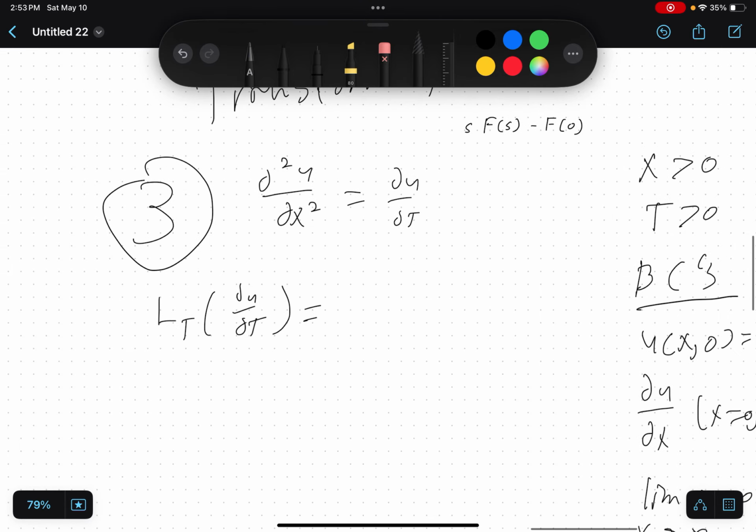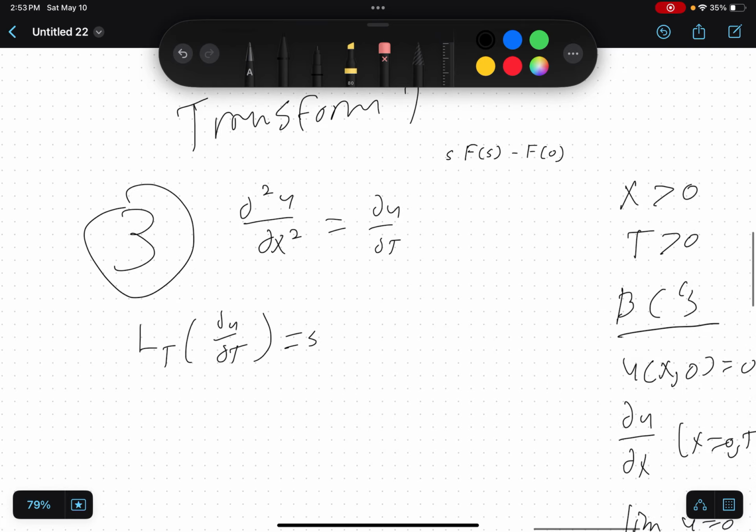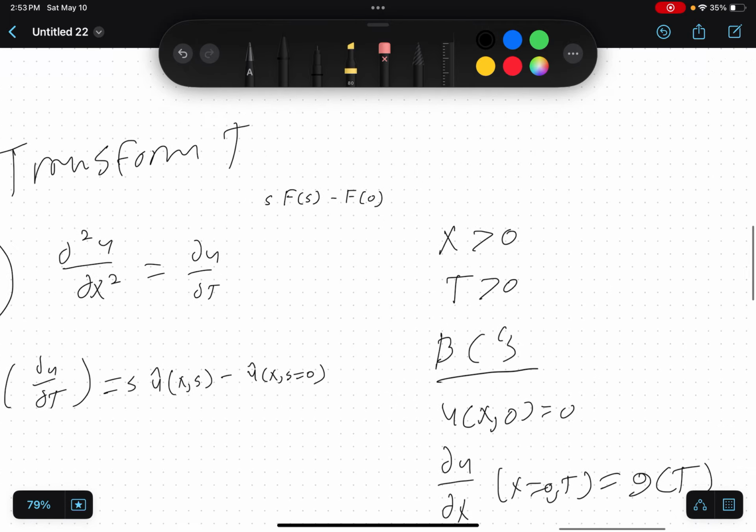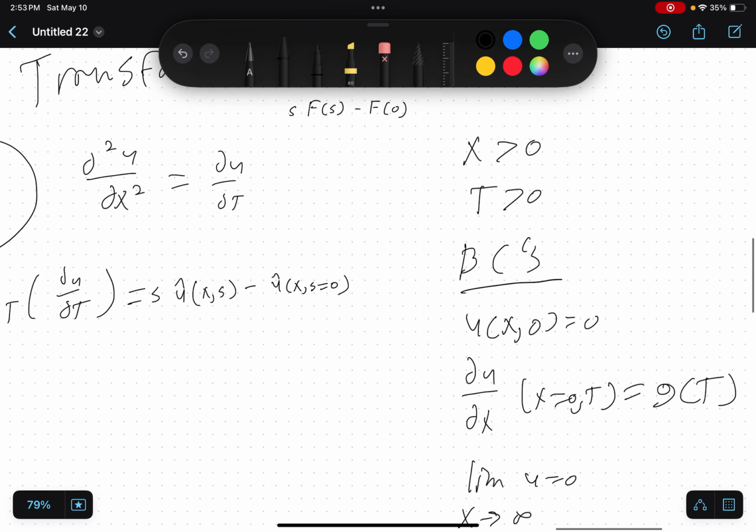Just put it right there. I'll erase it afterwards. Yes. Is that right? Yes. Cool, and with that boundary condition, we can cancel that out.